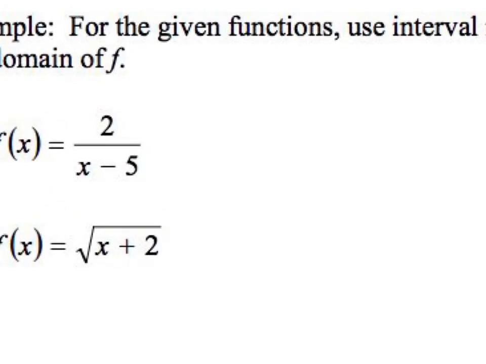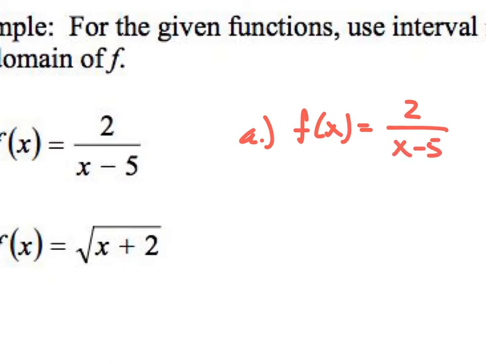So A has f of x equal to 2 over x minus 5. Now, because this function is in a fraction form, what I know is that the denominator cannot be 0.